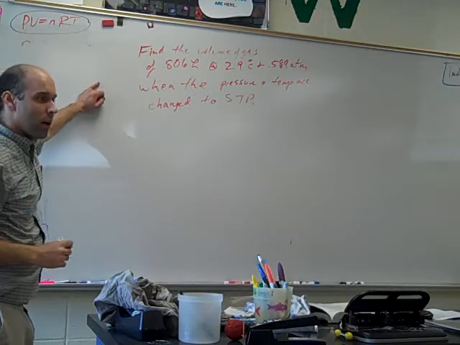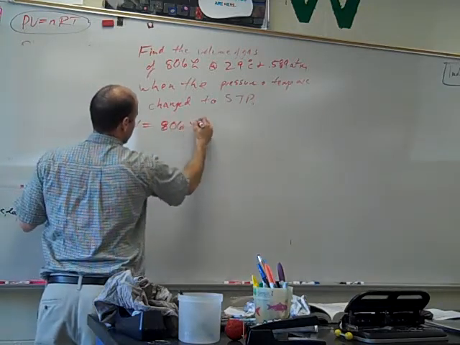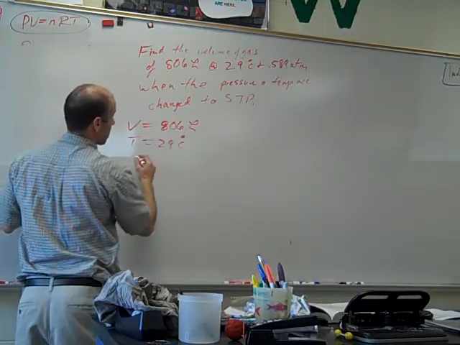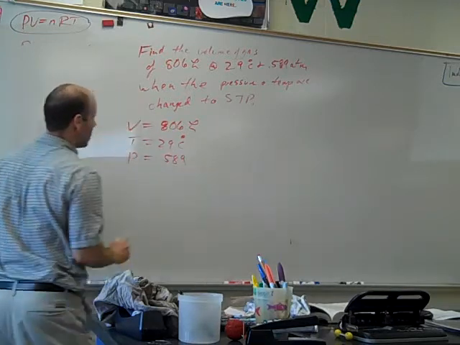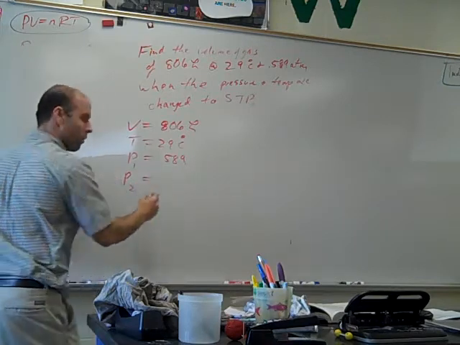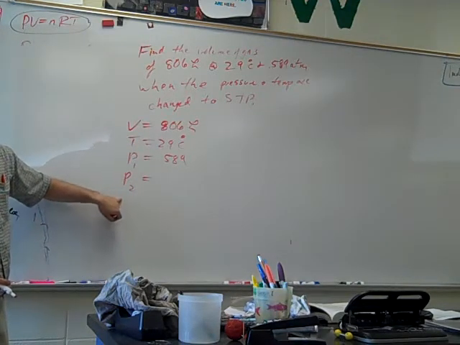So, our volume is 806 liters. Our temperature, 29 degrees Celsius. Our pressure is 0.589. Our new pressure, so if we have a new pressure, we must have a P1 and a P2, right?